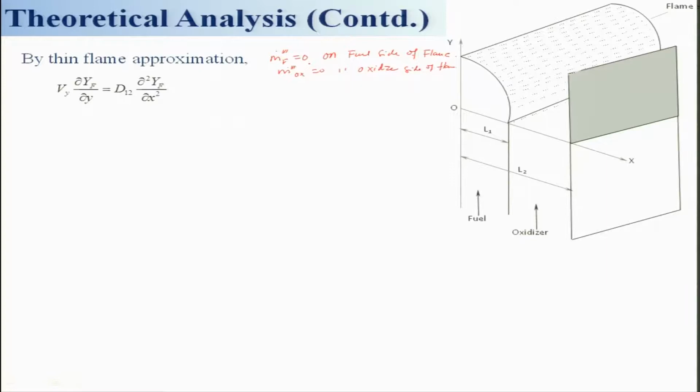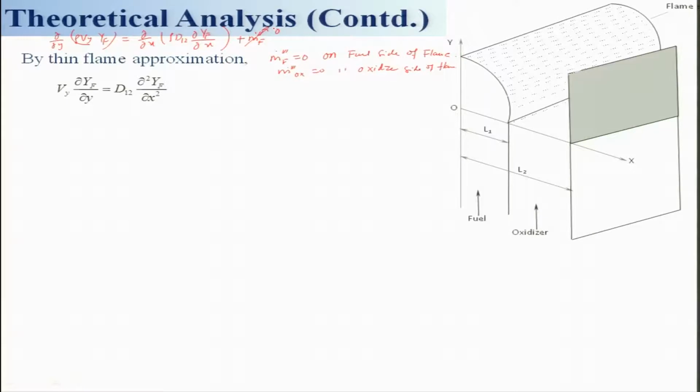So, if that is 0, then what will happen? If I look at the fuel equation, I can write ∂/∂y (ρ v_y Y_F) is equal to ∂/∂x (ρ D_12 ∂Y_F/∂x), because this is 0 and this is 0.